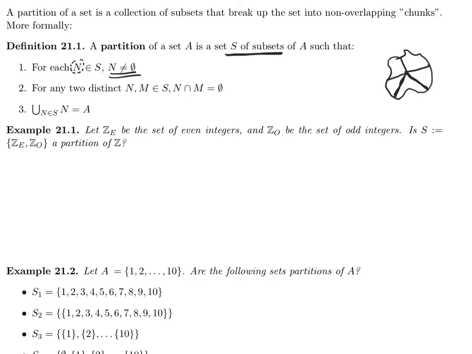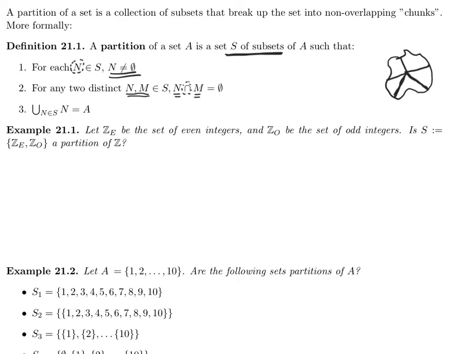The next condition is that any 2 of these subsets have nothing in common. There's no overlap. We're actually breaking up the set into separate chunks. So the intersection of any 2 sets in there that are distinct is the empty set.